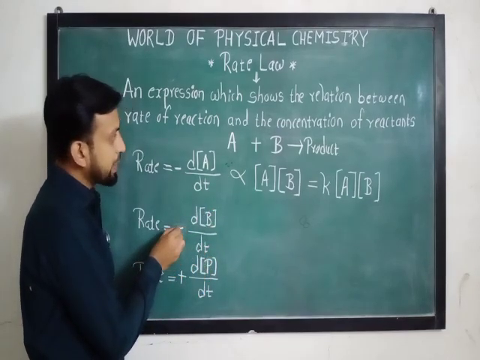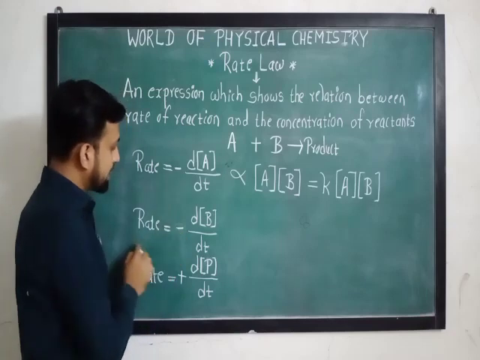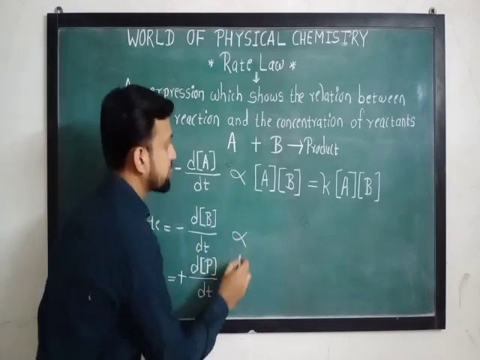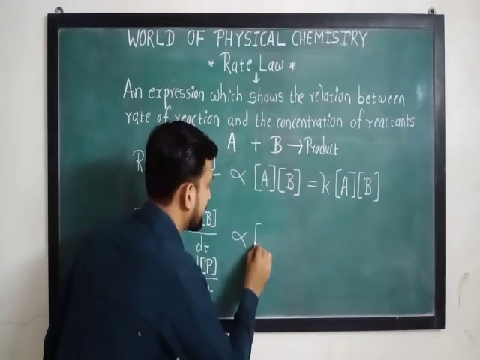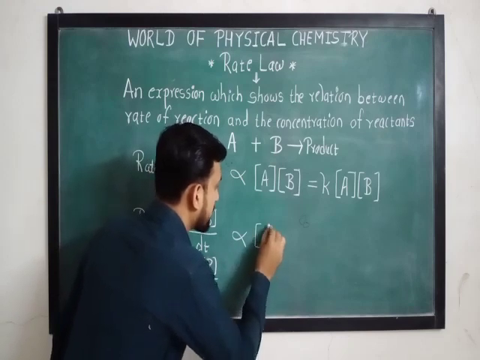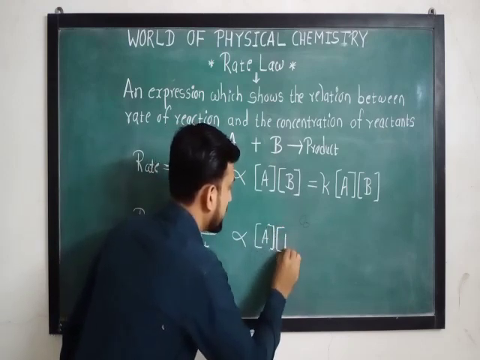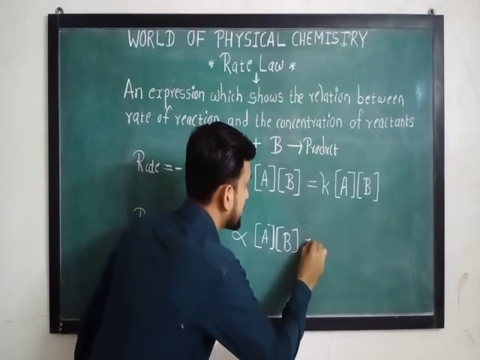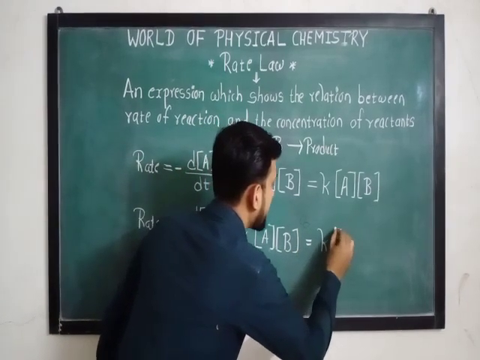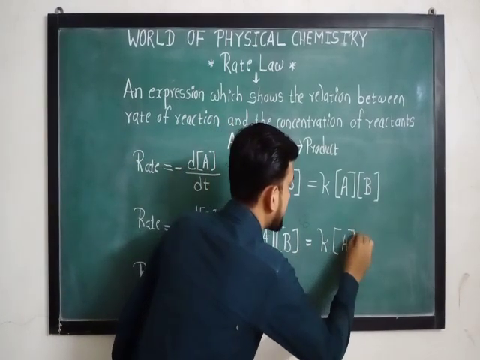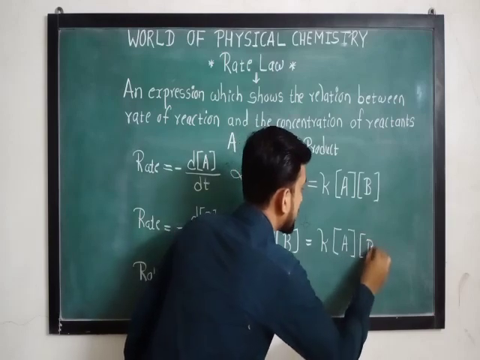It disappears again, therefore we put a negative sign. The rate is directly proportional to concentration of A into concentration of B, which is equal to k into concentration of A into concentration of B.